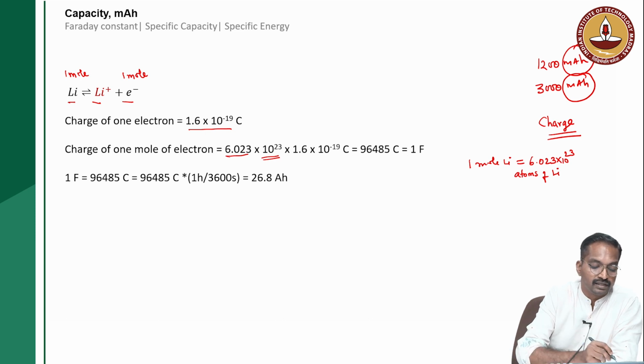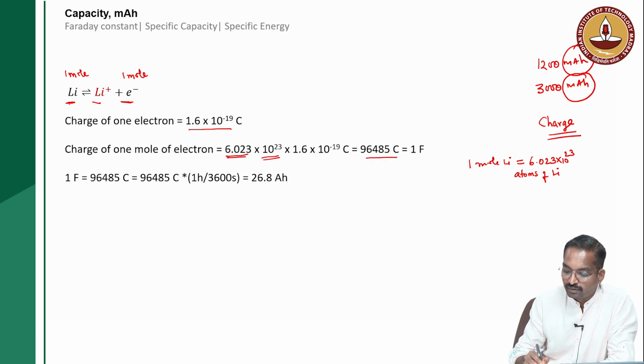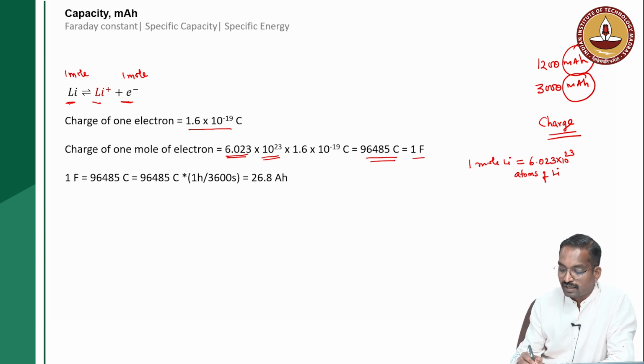And we have seen in this particular reaction, 1 lithium produces 1 electron. So, let us multiply by the Avogadro number, and we will get the cumulative charge of 1 mole of lithium, which is 96,485 coulombs. This is also called 1 Faraday, denoted with the symbol F.